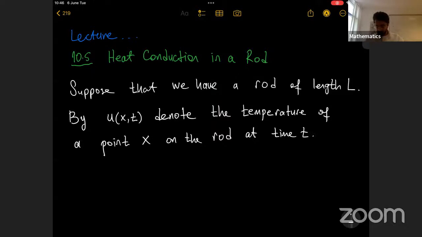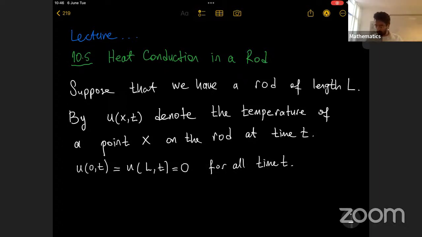And we will assume also that u(0,t) is equal to u(L,t) is equal to 0 for all time t. That means the temperature is constant. It is equal to 0 at both endpoints, okay?